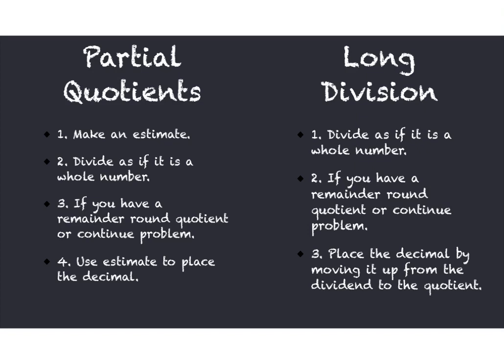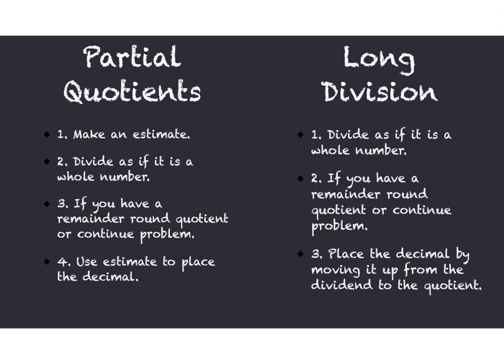To review today's lesson, when dividing a decimal by a whole number, you can use one of two methods. You can either use partial quotients or you can use long division. If you're using partial quotients, make sure that you make your estimate and divide as if it is a whole number.